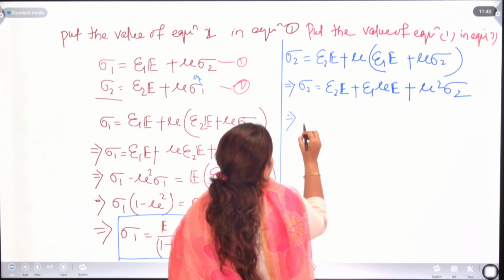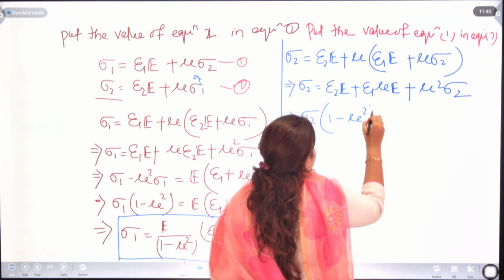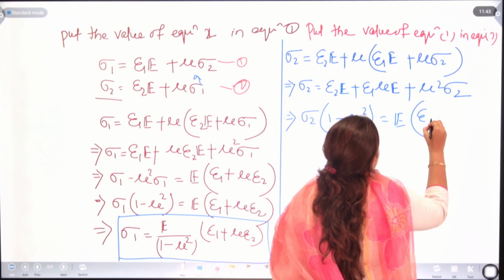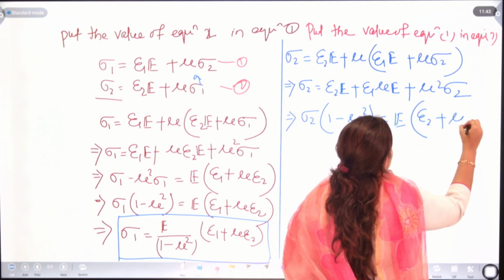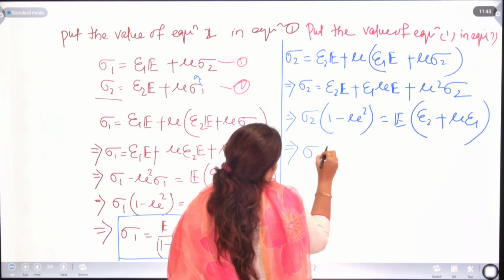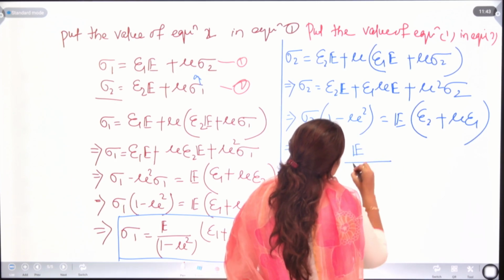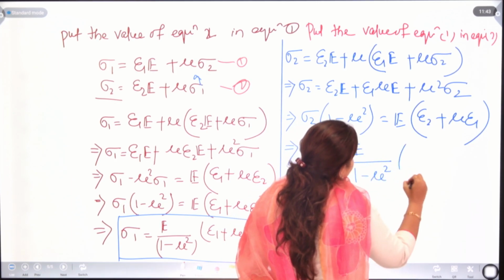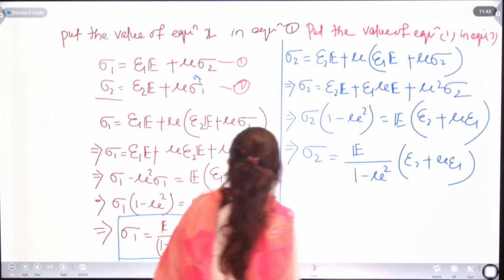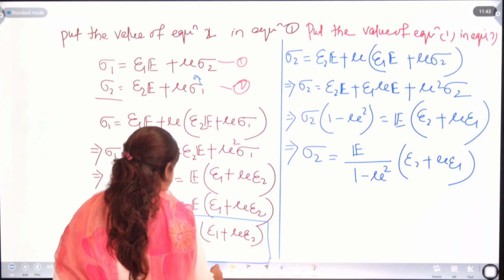Now, let's take sigma 2 common and 1 minus mu square will be here. And here if we take E common, we will have epsilon 2 plus mu into epsilon 1. Okay. Now, the value of sigma 2 is with us here. You can recheck those two values.